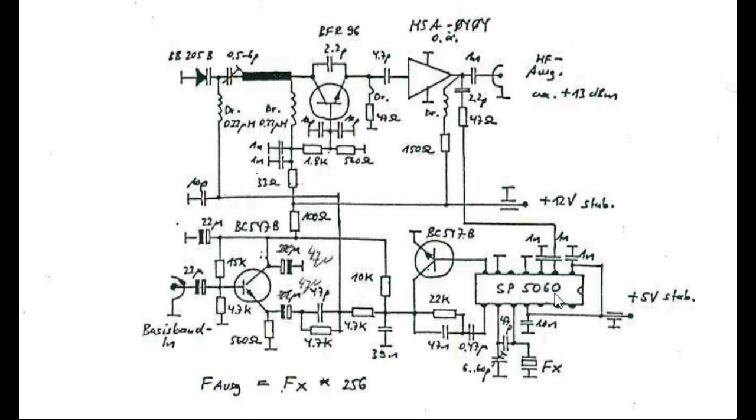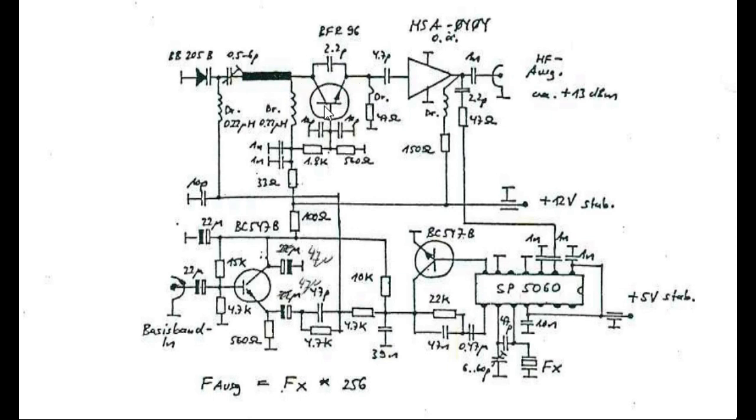that divides the frequency by 256, and that signal is locked to a crystal here, and in this case I could take a PAL color burst crystal, so 4.433 megahertz, and that's locked, and the output, the difference, is here as a DC voltage going back to the oscillator.